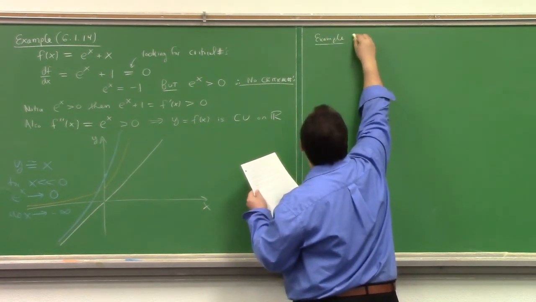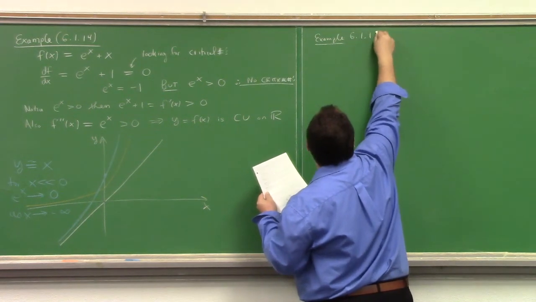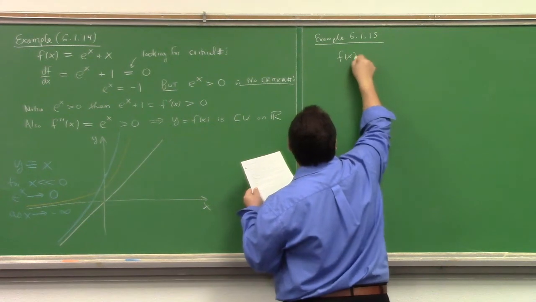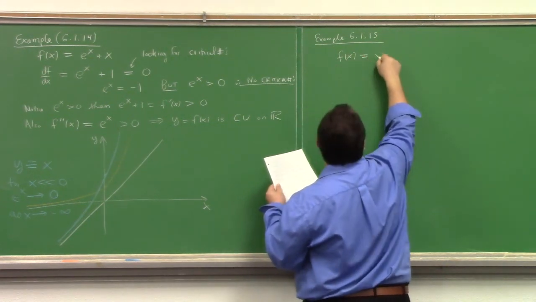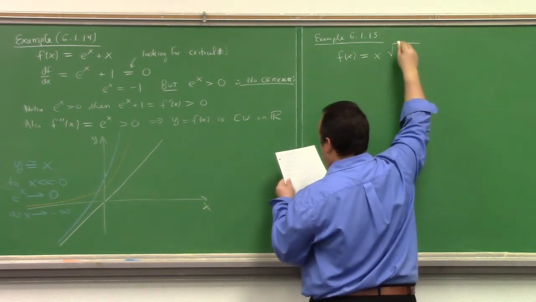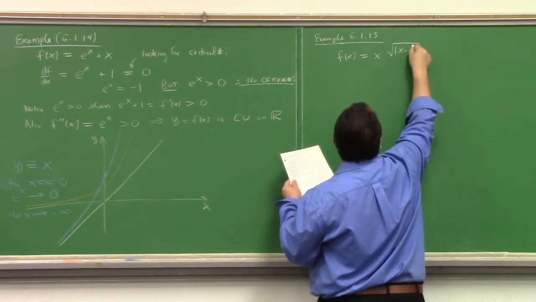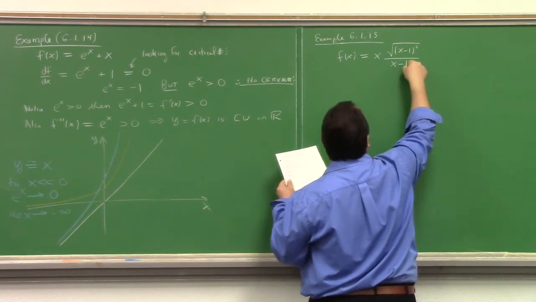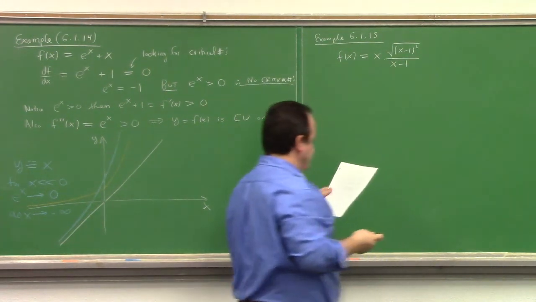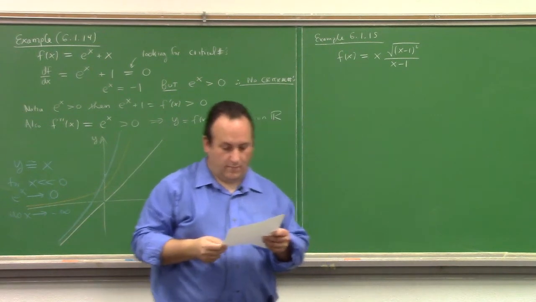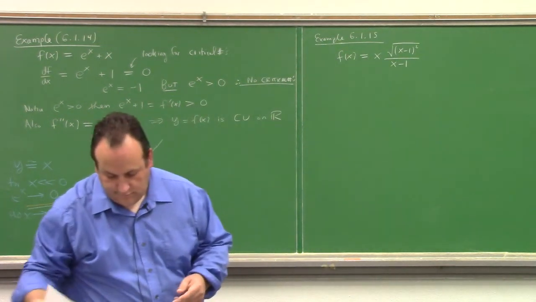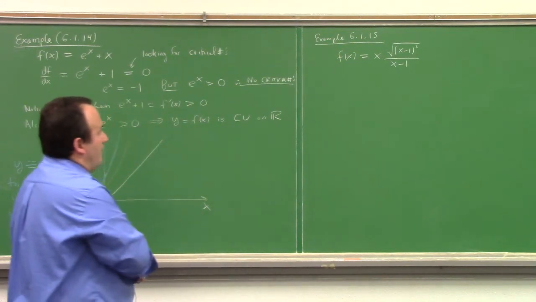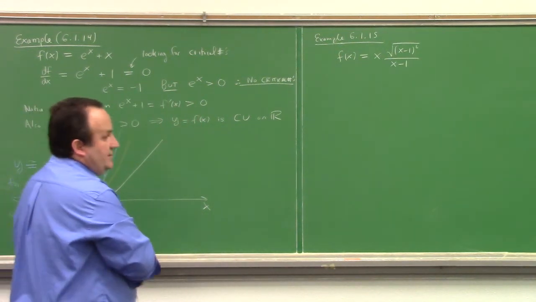Example 6.1.15. Here I have f of x equal to x times the square root of x minus 1 squared, over x minus 1. So this one's a little sneaky.